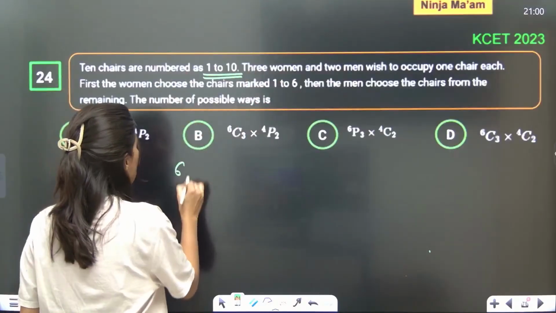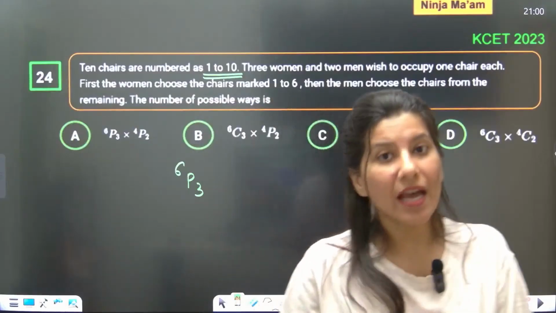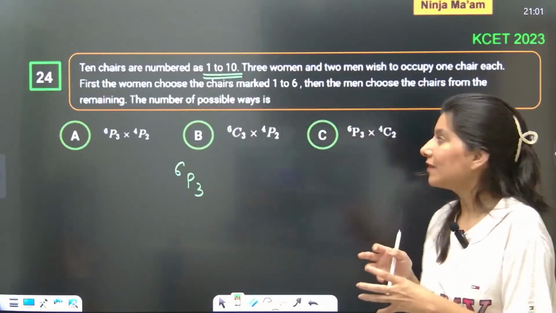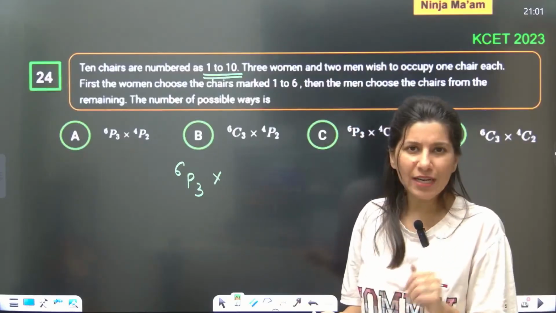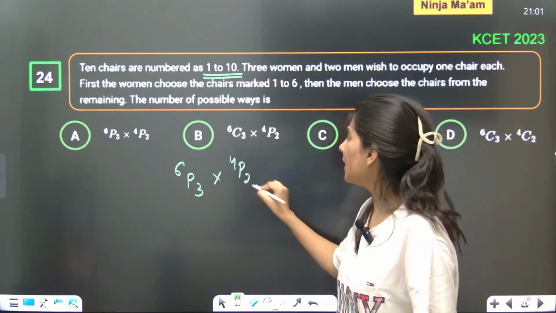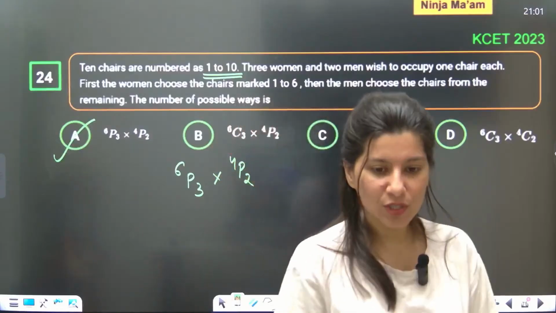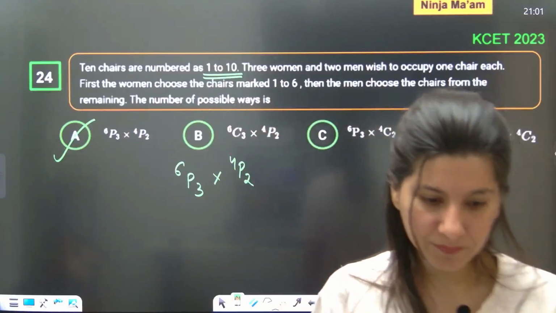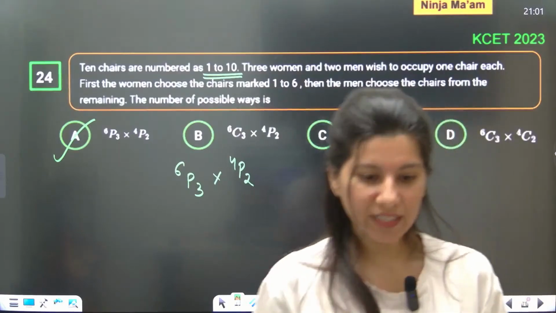So 6P3, because I select 3 chairs and arrange them among themselves. Now the remaining 4 chairs will be occupied by 2 men. So I'll be selecting 2 chairs and arranging them. So 6P3 into 4P2, direct answer is option A. Yes? Okay. All right. Thank you, Kaustubh.